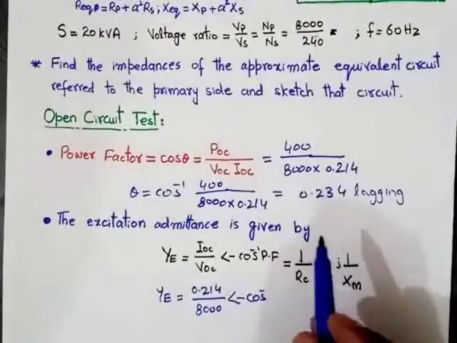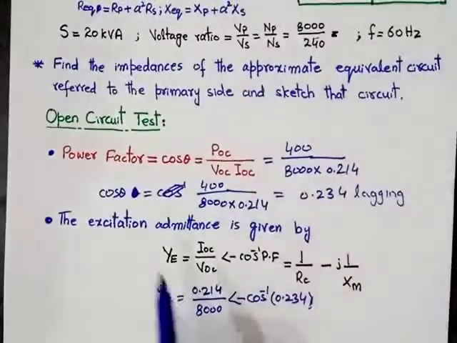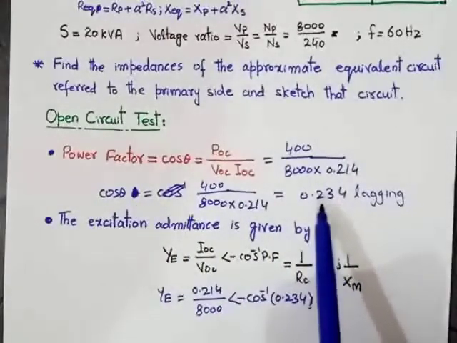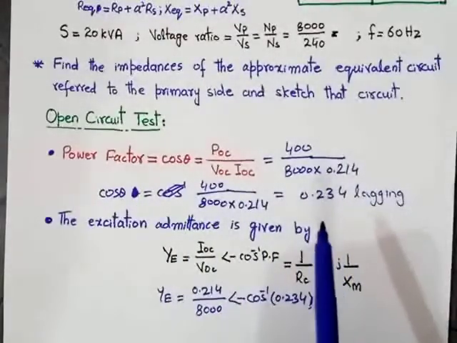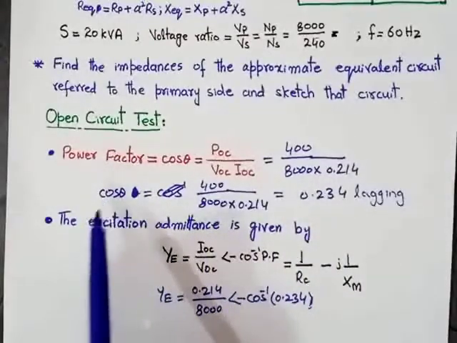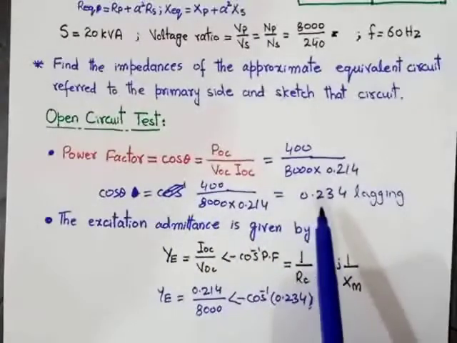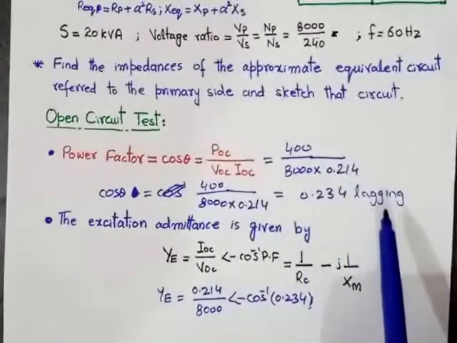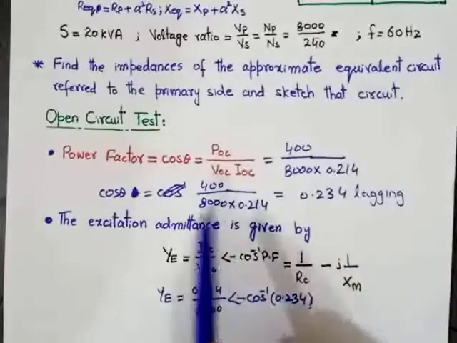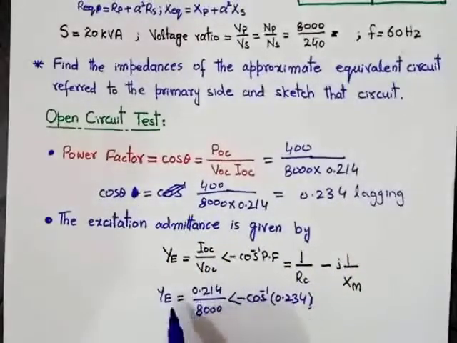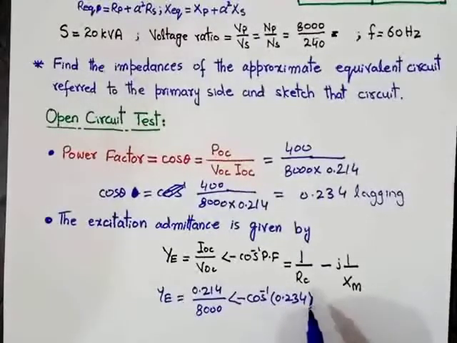The value of cos theta is equal to 0.234, and as we know, cos theta is also called the power factor. So the power factor is 0.234 lagging. Therefore, Ye will be equal to 0.214 divided by 8000, angle of minus cos inverse 0.234.